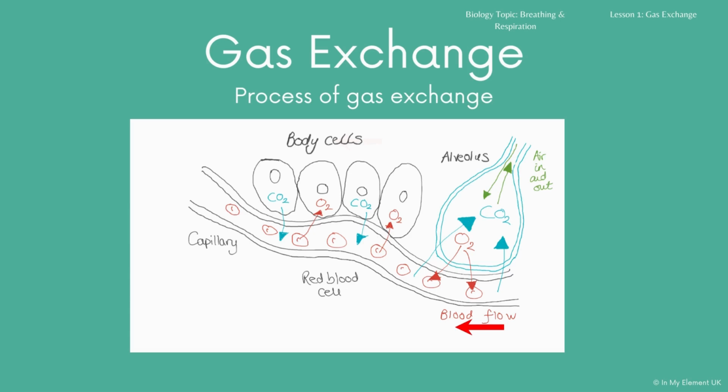The carbon dioxide is in high concentration in the body cells. It will diffuse across the one cell thick capillary so that it's then in the capillary and in the plasma of the blood. That will then get transported to an alveolus. Okay, so there could be another one up here, and it diffuses from the plasma into the alveolus where it's in lower concentration and is then breathed out.